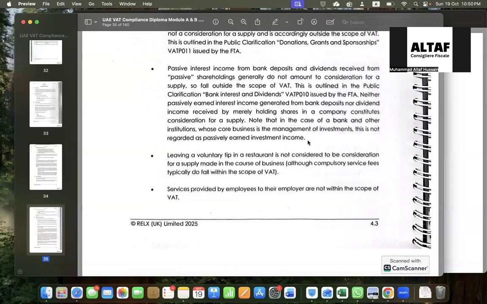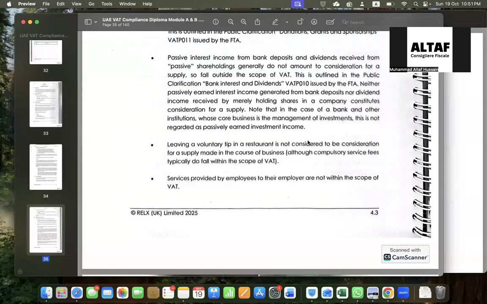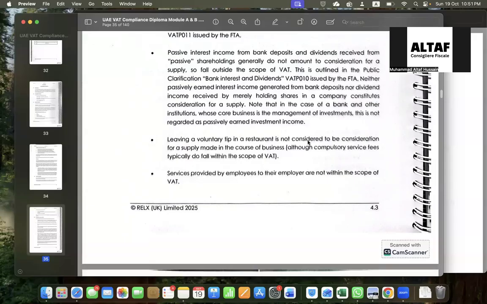It's the very core business of that investment bank or investment advisory firm to earn a return on their investments, or for that matter, earn dividends on the shares in which they have invested. But that will not be a passive income. That's an active income, and there will be VAT implications.